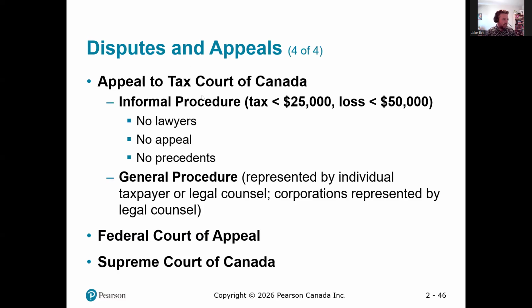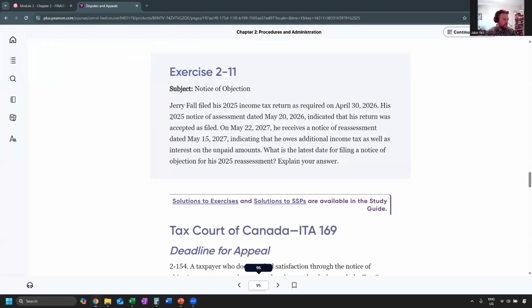There is an exercise related to it. Exercise 2-11. Jerry Fall filed his 2025 income tax return as required on April 30th, 2026. His notice of assessment dated May 20th, 2026, so just 20 days later, indicated that his return was accepted as filed.